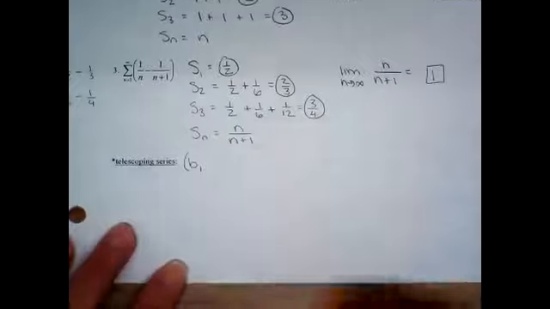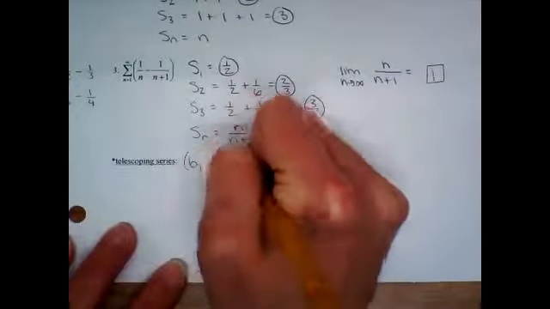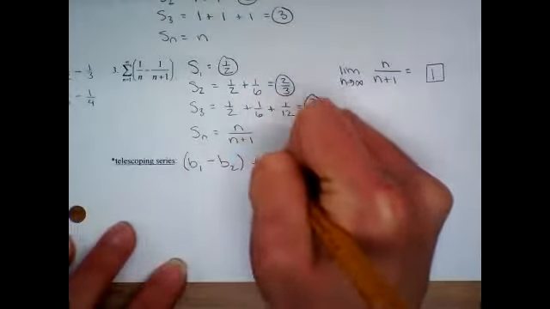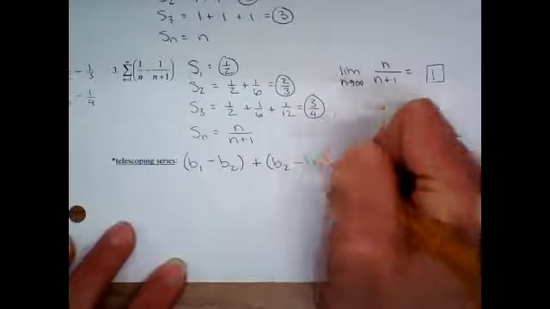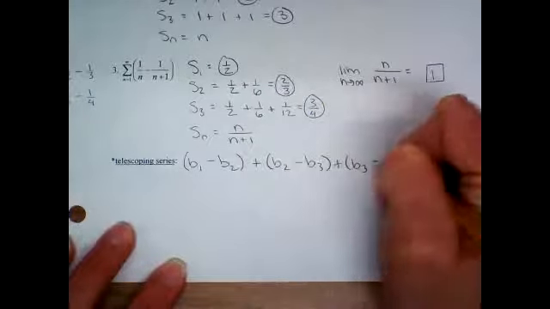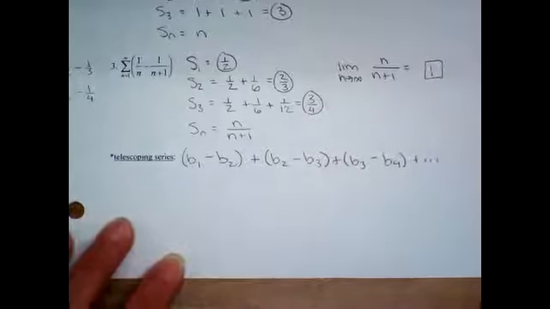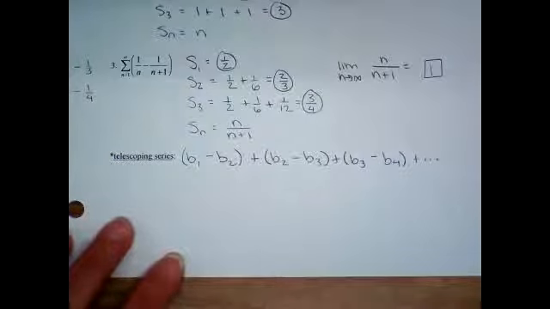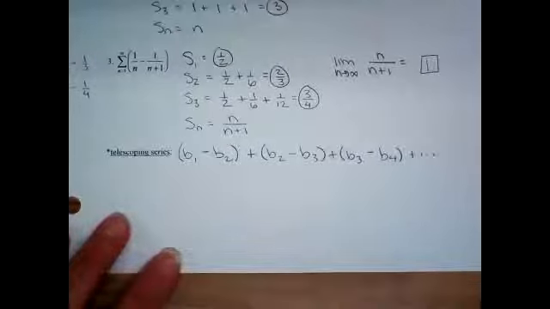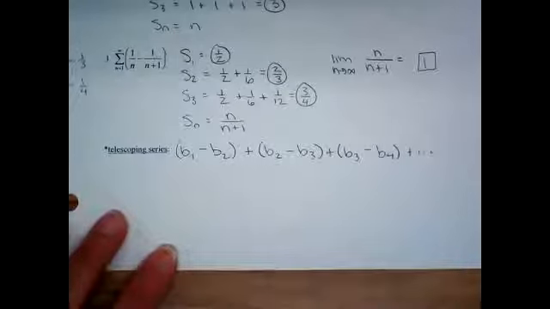Now, this is what's called a telescoping series. It's going to be B1 minus B2, and then plus B2 minus B3. This is what a telescoping series looks like. And what do you notice is going to happen with all of those?